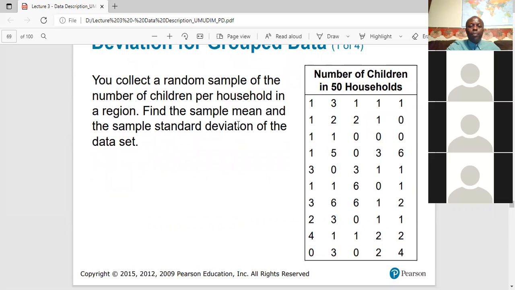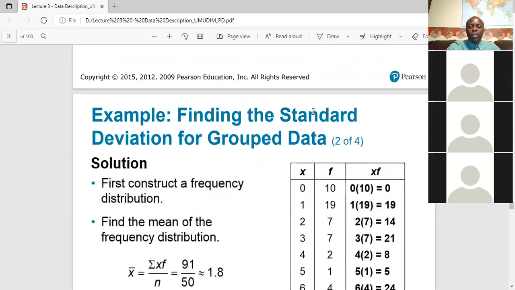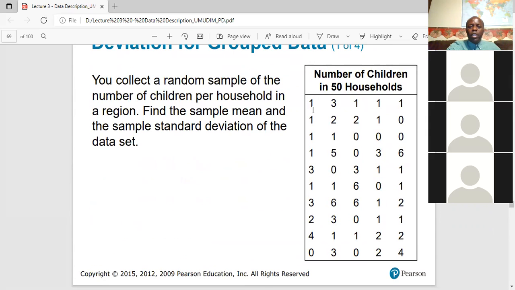Find the sample mean and sample standard deviation of the data set. So the first thing you do is to put them in groups. Each number here is represented by x. This one is x1, this one is x2.